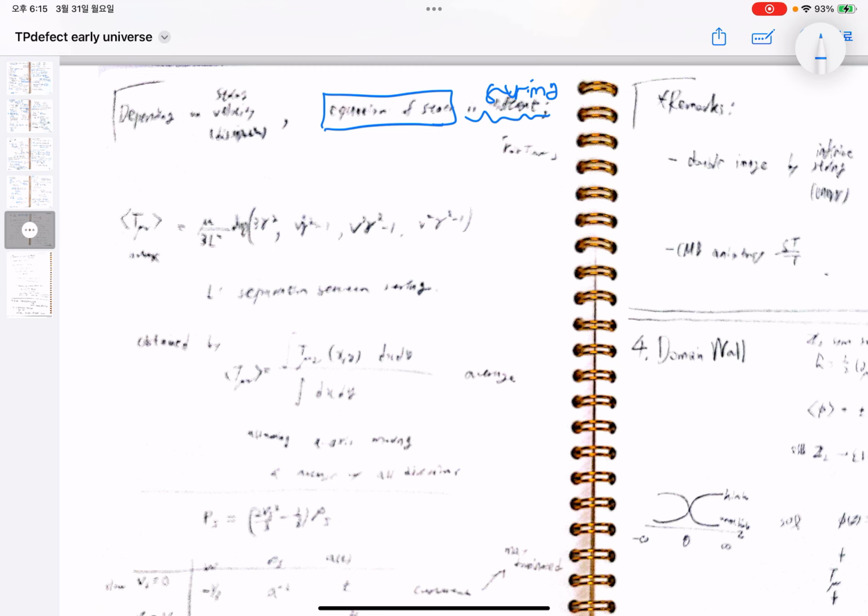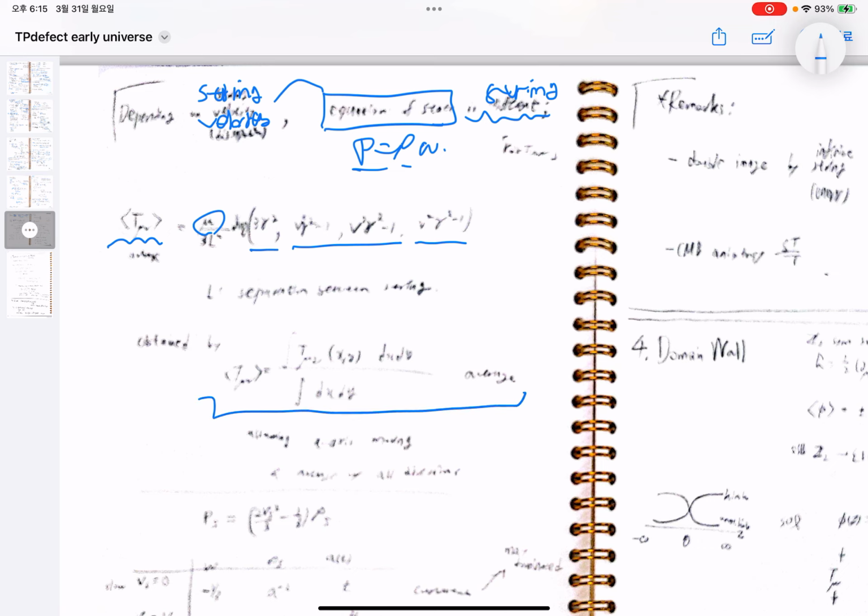Equation of state means the relation between the pressure and the density in cosmology, and this depends on the string velocity. We can compute the average of the stress tensor T mu nu in such a form depending on the velocity and the cosmic string tension, obtained by such an average over the 2D plane.